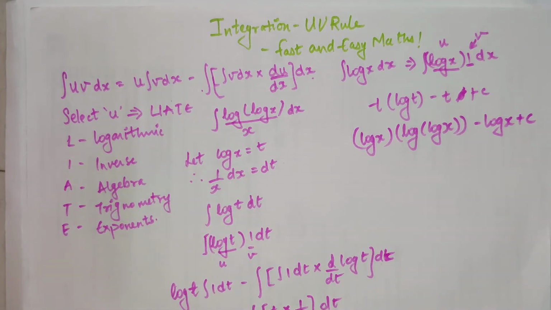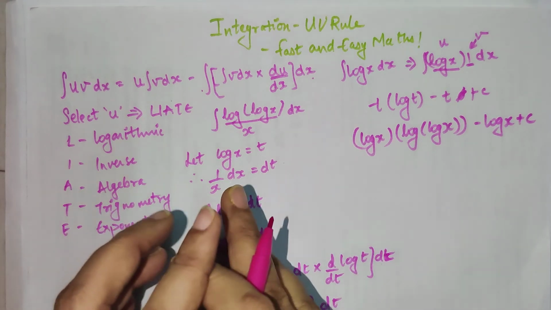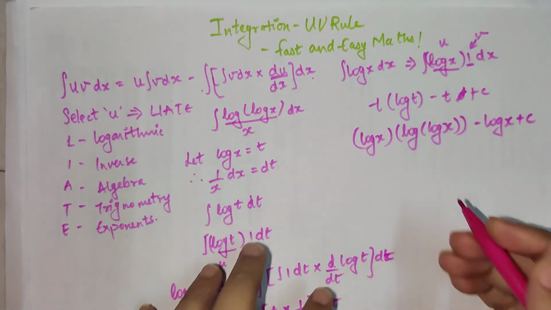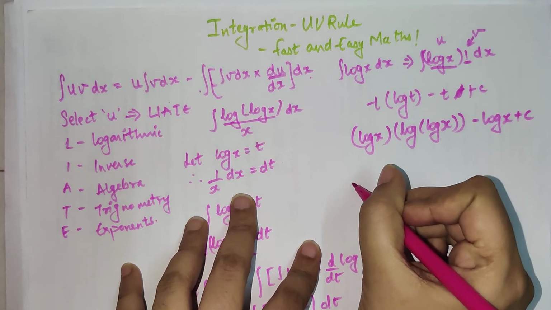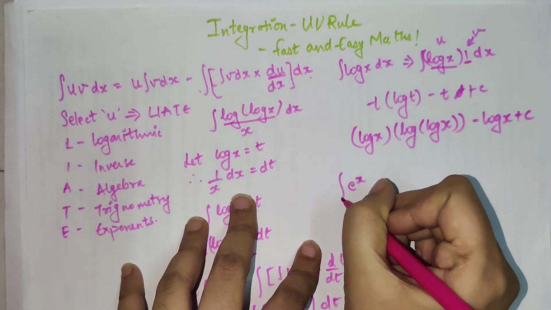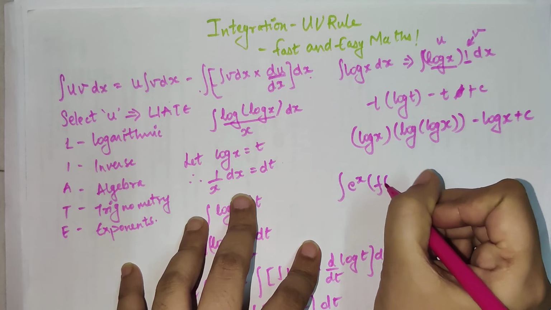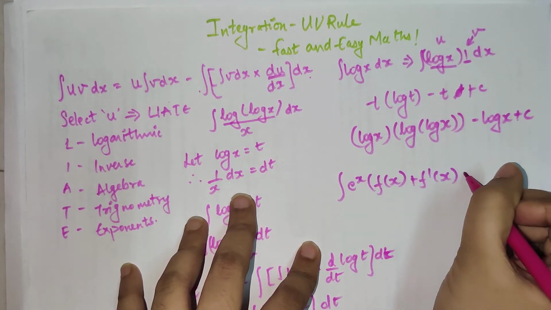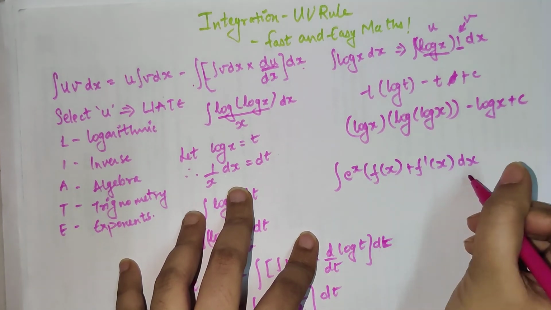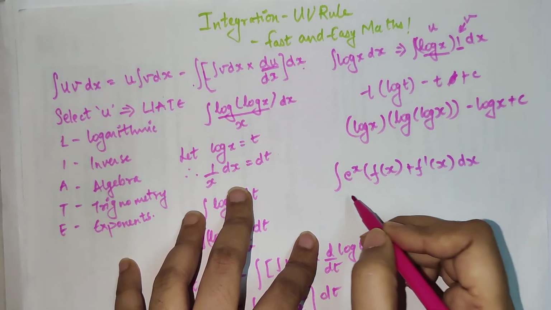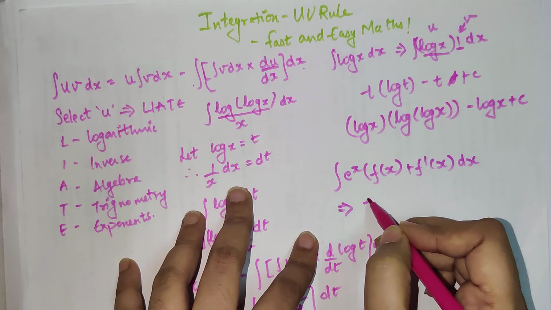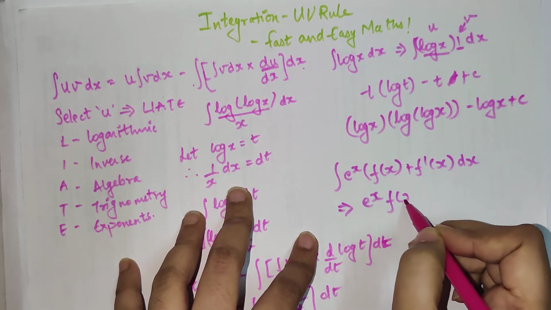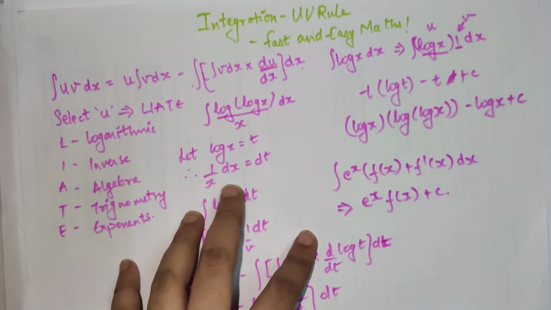Students, I want to add one more thing. In the properties video I skipped one property: integration of e raised to x, into f of x plus f dash of x, dx. If that is your question, then your final answer will be e raised to x into f of x plus c.